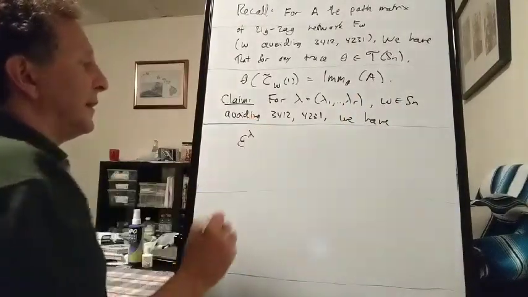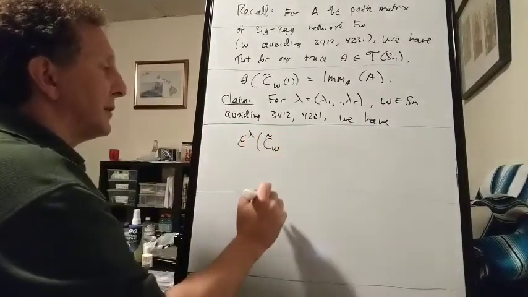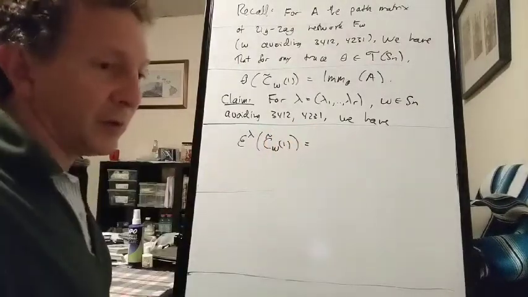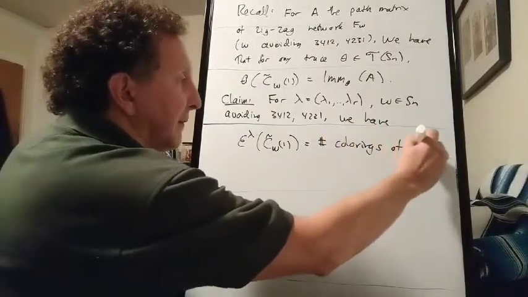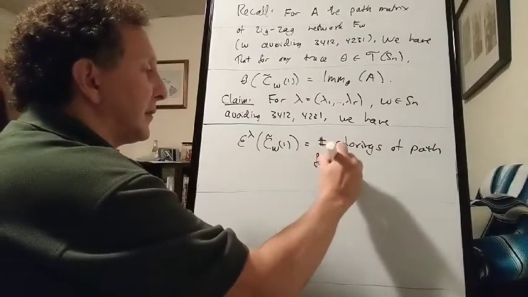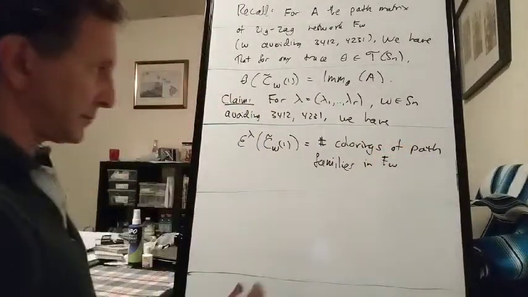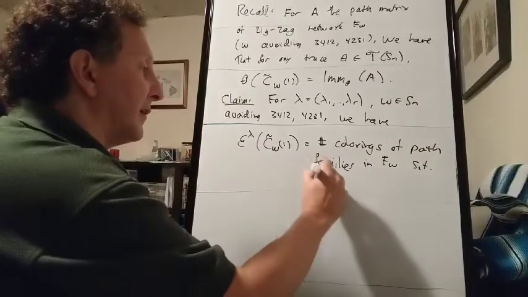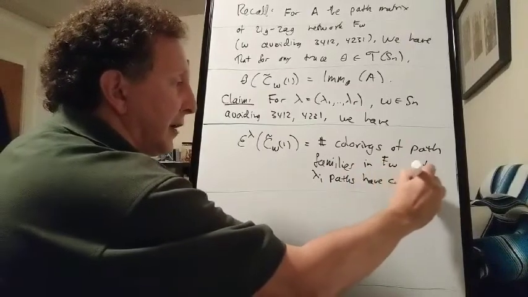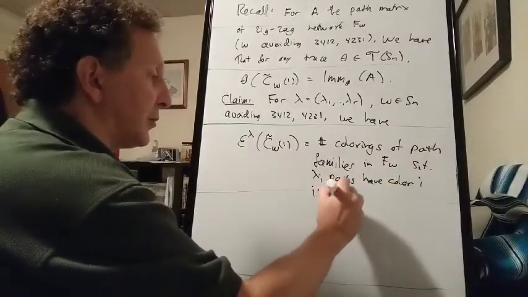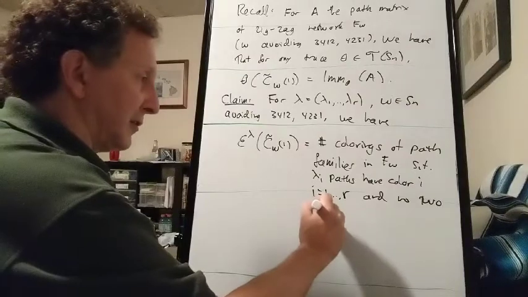We have that the induced sign character indexed by lambda applied to the Kazhdan-Lusztig basis element CW equals the number of colorings of path families in FW such that lambda I paths have color I, for I equals 1 to R, and no two paths of the same color intersect.